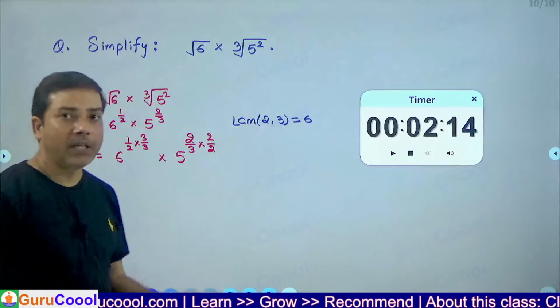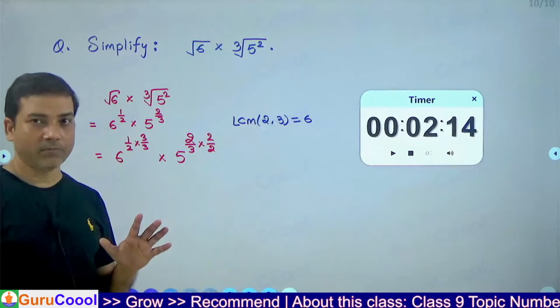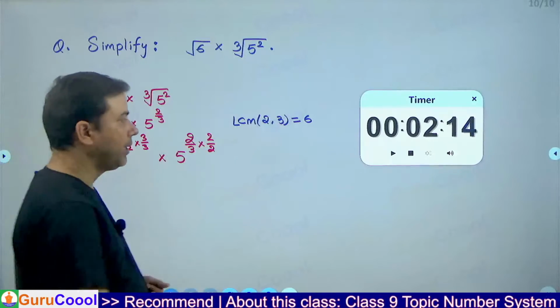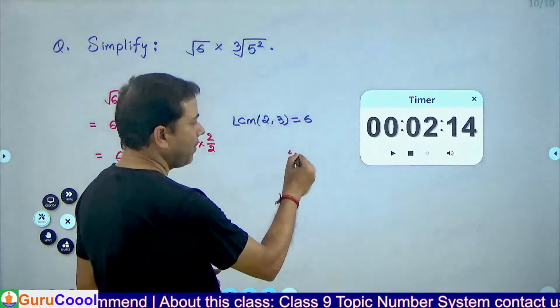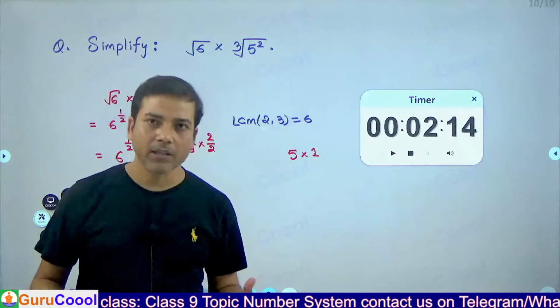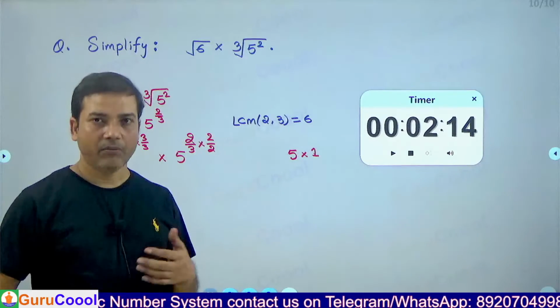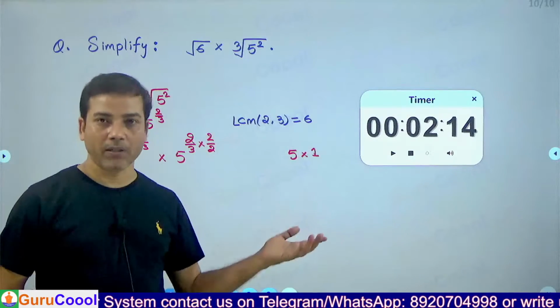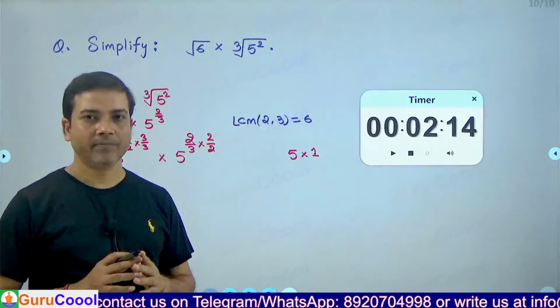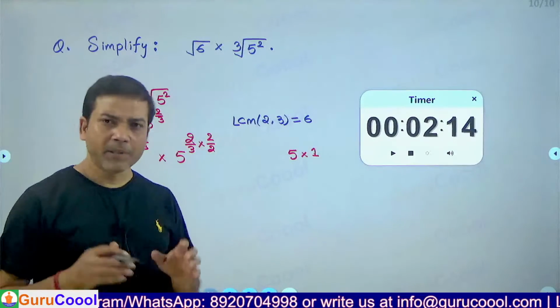Okay, let me answer whether this is valid or not. Mathematically, if I multiply any number with 1, am I changing the number? No, sir. That means it's valid.